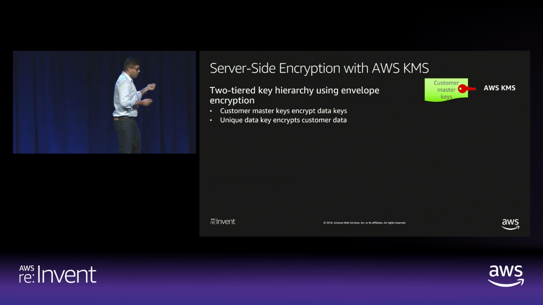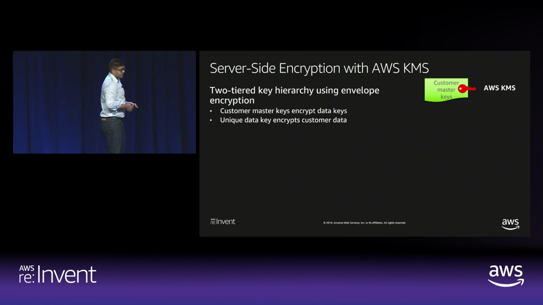When somebody wants to decrypt that object, they will do a get object. We will send the ciphertext data key to KMS. KMS will check that they have the necessary permissions to call the decrypt API as well, and then send the plain text data key back. We will decrypt the object and send it back.